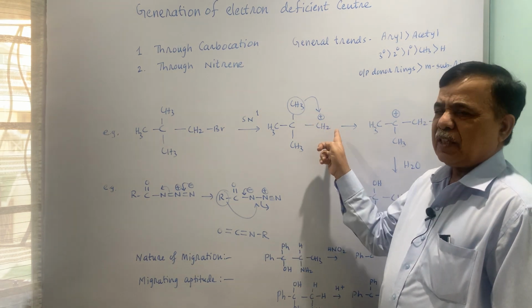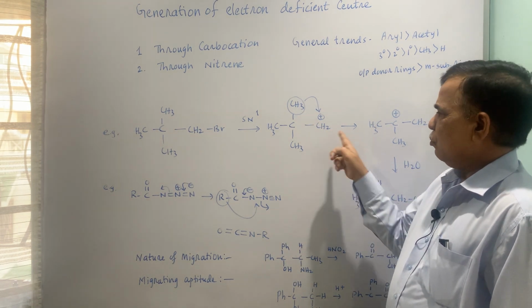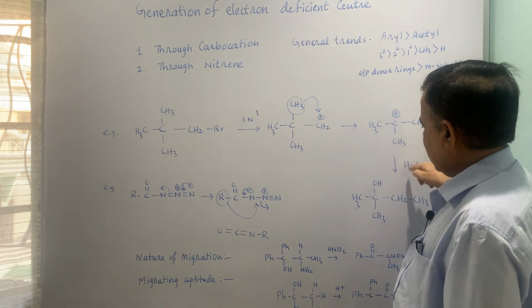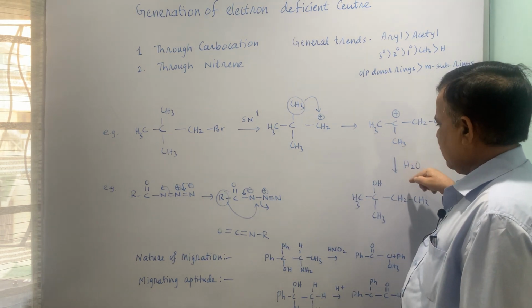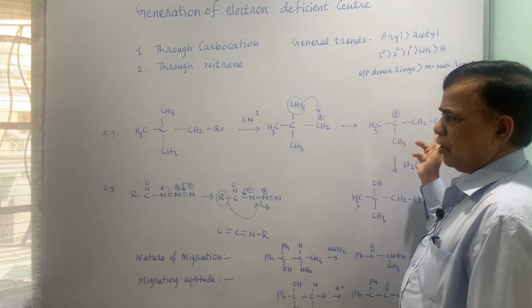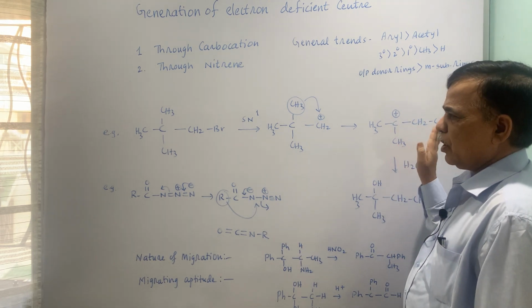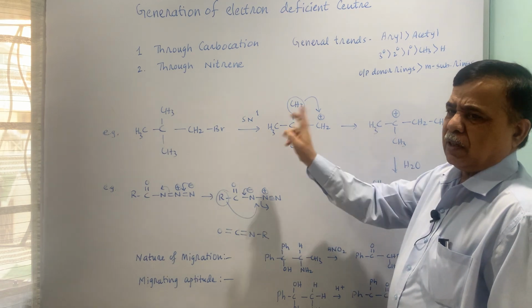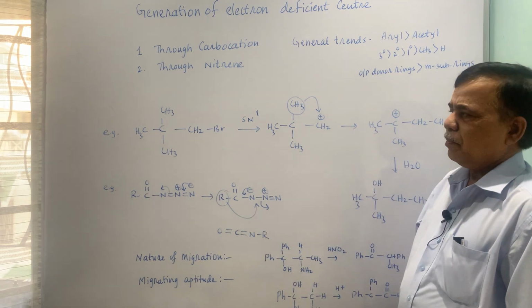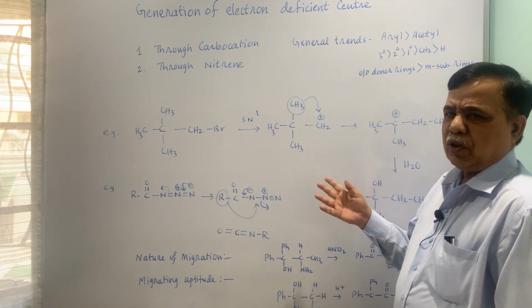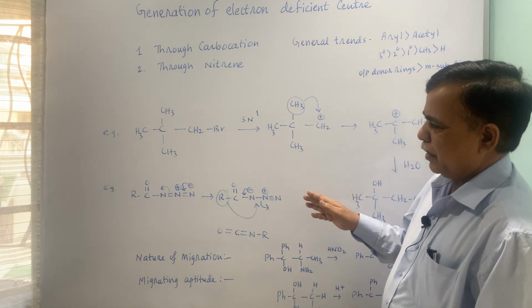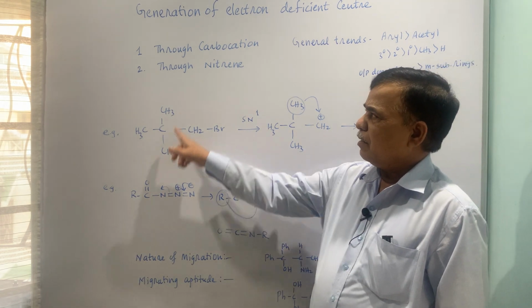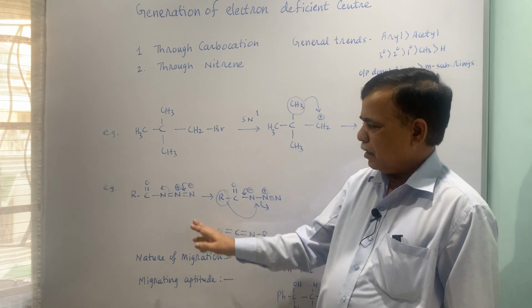The structure permits the rearrangement of it to tertiary, and then it is attacked by water, or can lose a proton. So, there are different fates for this. So, a carbonium ion can be formed through SN1 cleavage, and there are some more methods, but we will come to them later. The second thing is through nitrene.